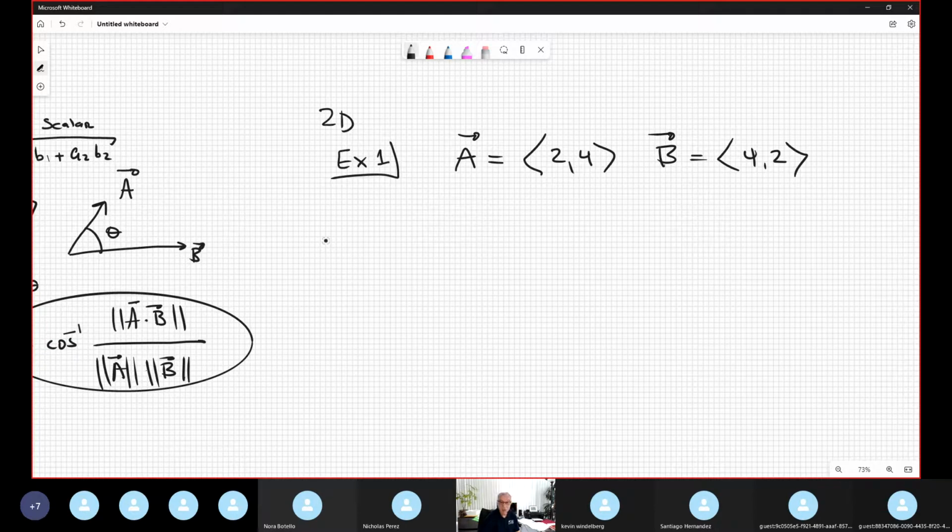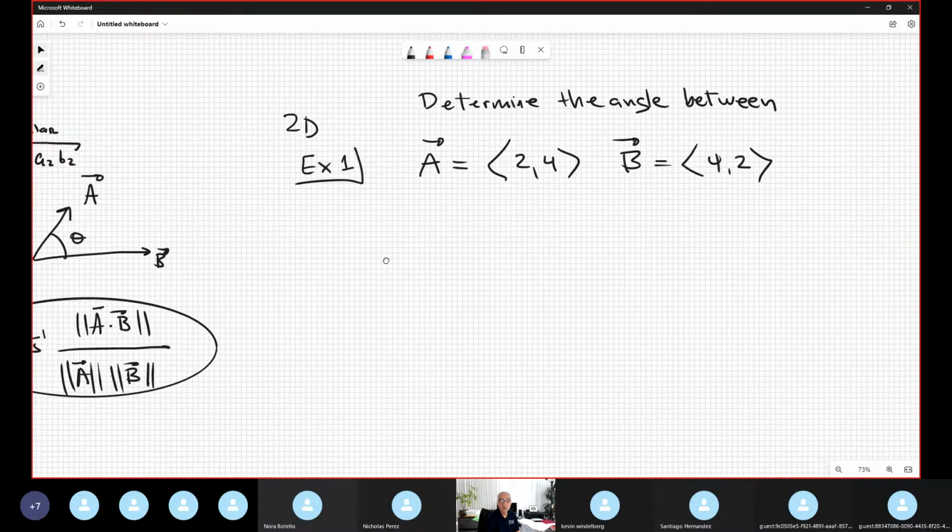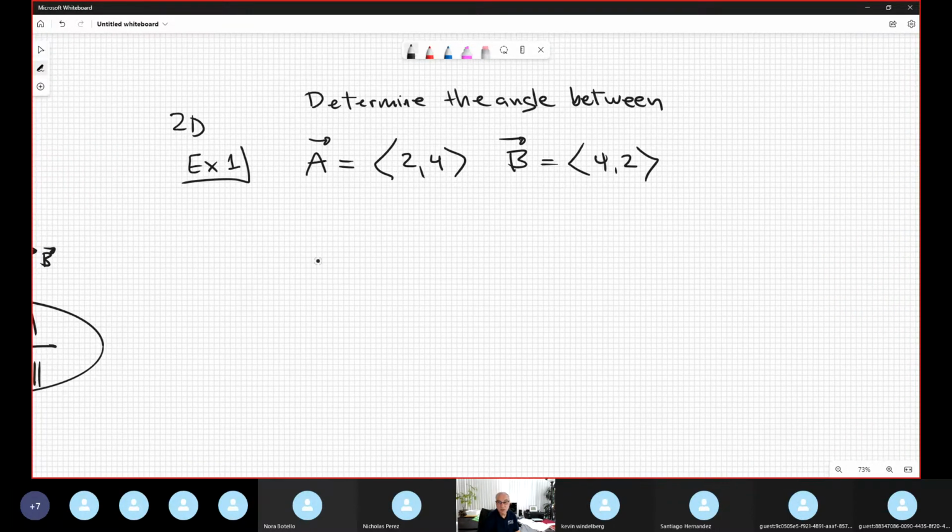The question is determine the angle between two vectors. This is the first application. After we study another application.